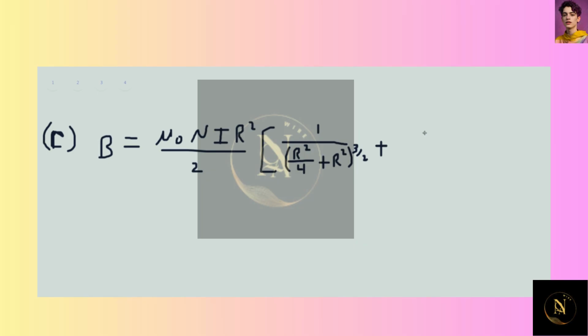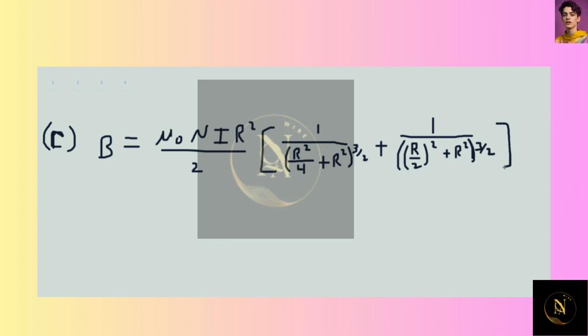Plus 1 over (r minus x) squared, which is (r over 2 minus r). So you have (r over 2) squared plus r squared, all raised to the 3/2.